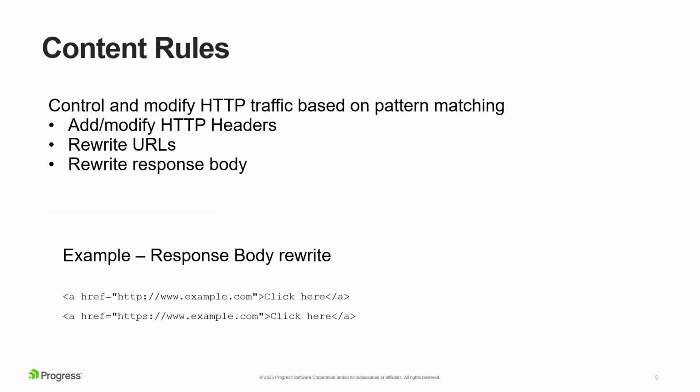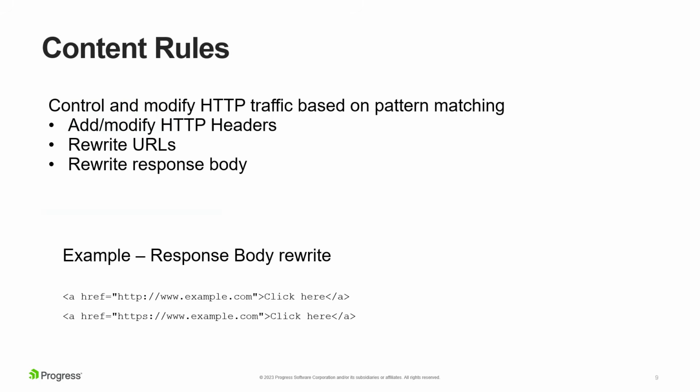The next thing is being able to rewrite the body, the actual content inside a page. The classic use case is an older application that insists on not having relative URLs, and instead inserts the full HTTP address in the HTML code of the page.